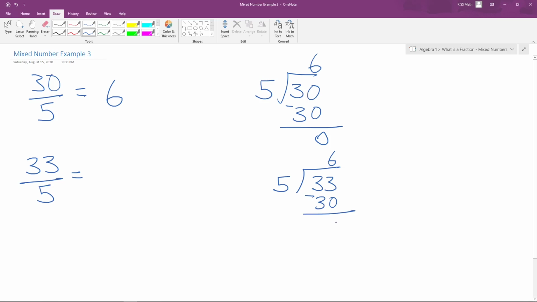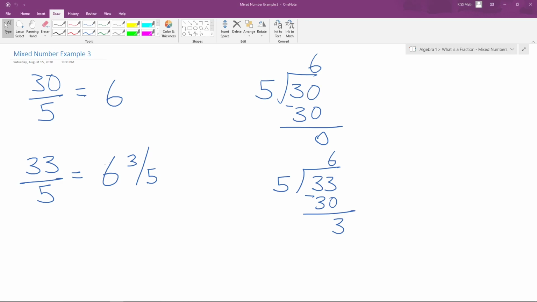But this time we get 3 as a remainder, so we write this as 6, which is our whole number, and our remainder 3 over 5, or 6 3/5. And that makes sense, right? Because you're saying that 5 goes into 33 a little bit more than 6 times, but not quite 7, which is why you have your 3/5 piece here.